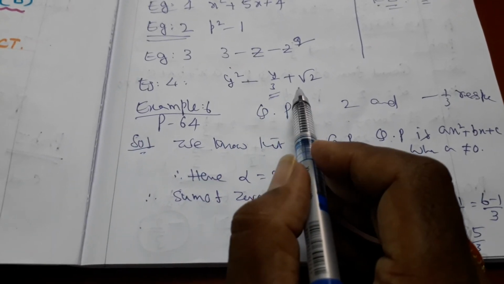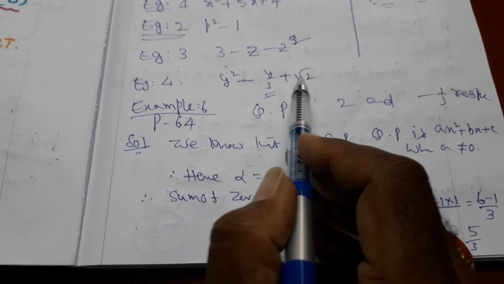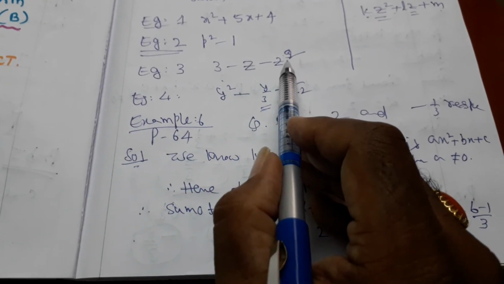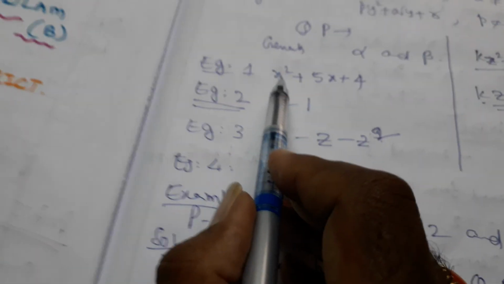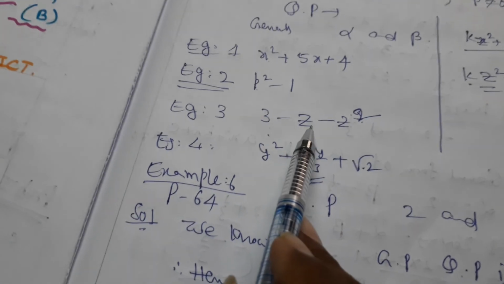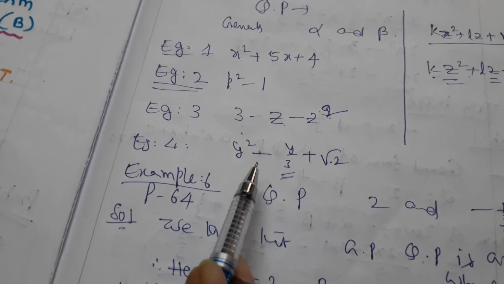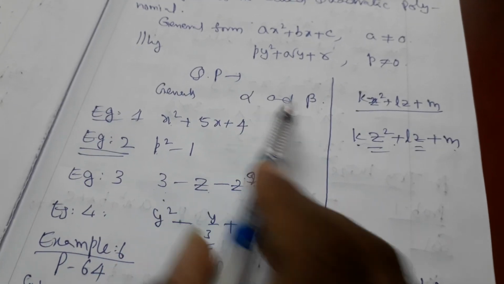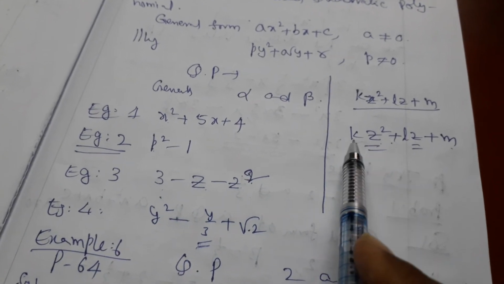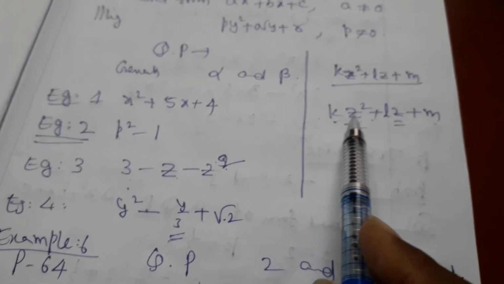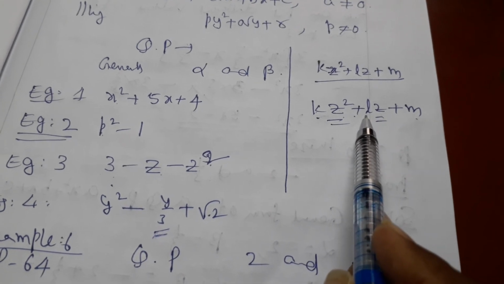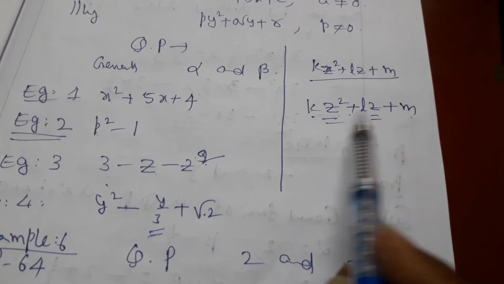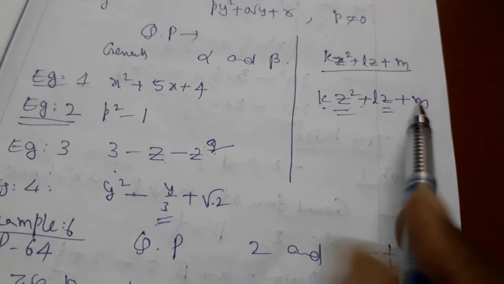That's why it is also a polynomial of degree 2, a quadratic polynomial. Here it has degree 2. Therefore it is a quadratic polynomial. Here also degree is 2. Here also degree is 2. Variable is x, variable is y, p here, variable is z here. And we may write the general form in variable z. k, l, m are the constants, that is coefficients. If the coefficient of z square is k, the coefficient of z is l, the constant term is m, then it may be kz square plus lz plus m, like that.